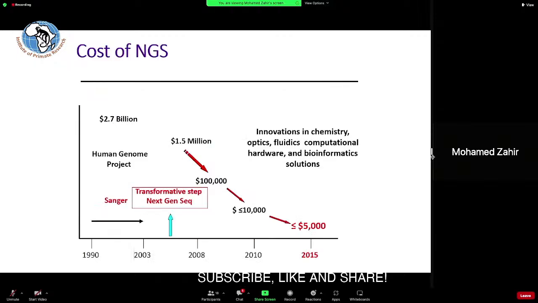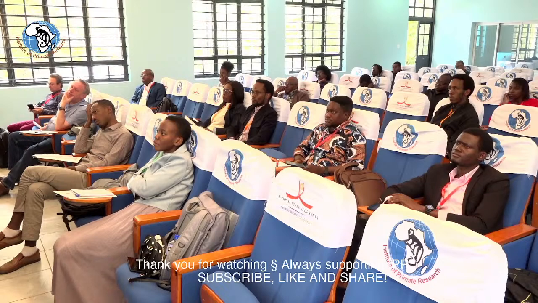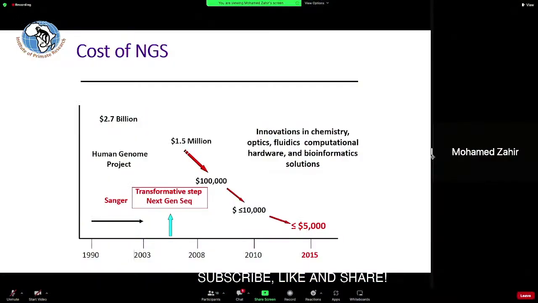Now, I think most of you probably understand that next generation sequencing has been a hallmark for the field of genetics, and that has literally transformed how we talk about genetics and how we talk about precision medicine and the way forward. When the Human Genome Project started in 1990, it took $2.7 billion to actually get the human DNA sequenced.